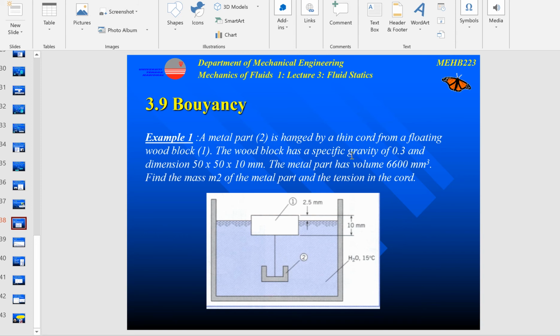Sometimes for a lightweight solid like the wood block here, we can also use specific gravity to find its density. The metal part has volume 6,600 cubic millimeters. Find the mass m2 of the metal part and the tension in the cord.